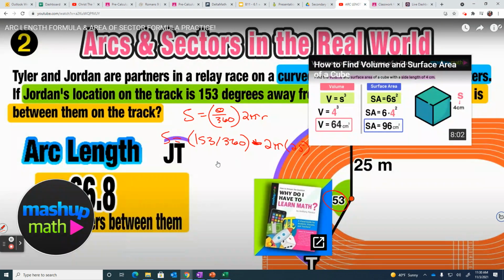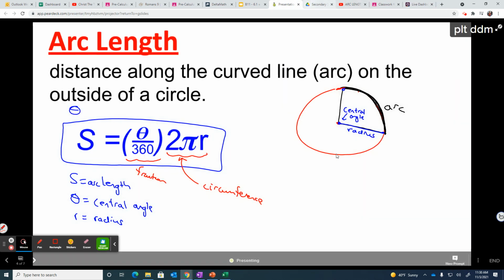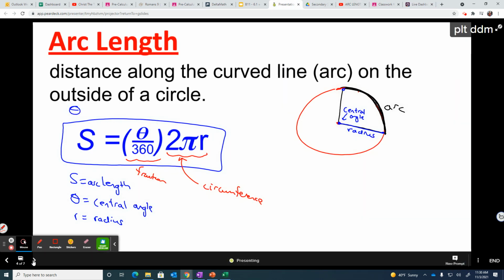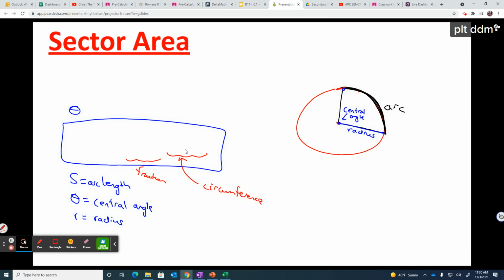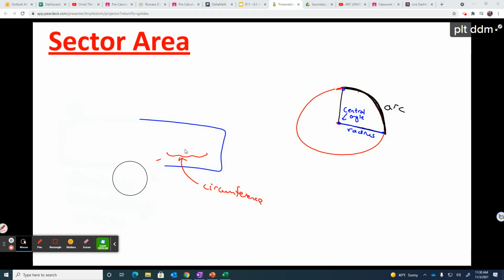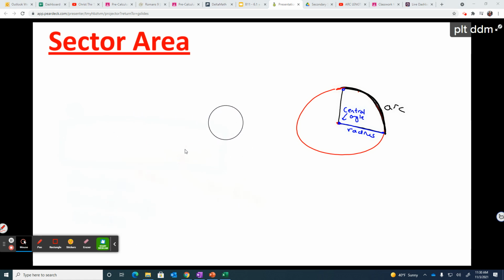All right, so we're gonna look at our next one, and then we'll come back to the other. So our next formula is called sector area. Got a little picture to represent this. Another circle.